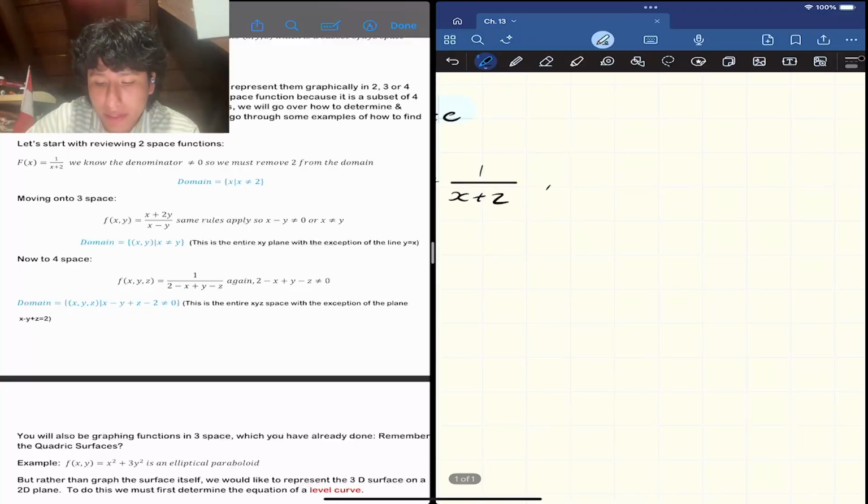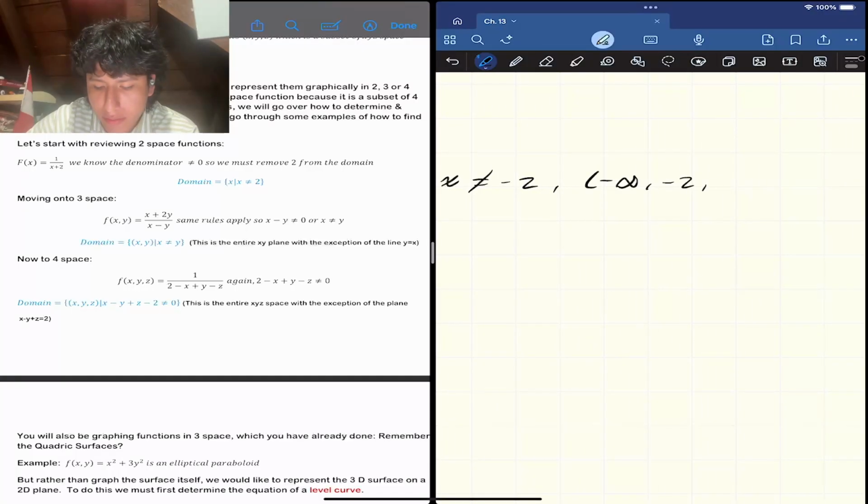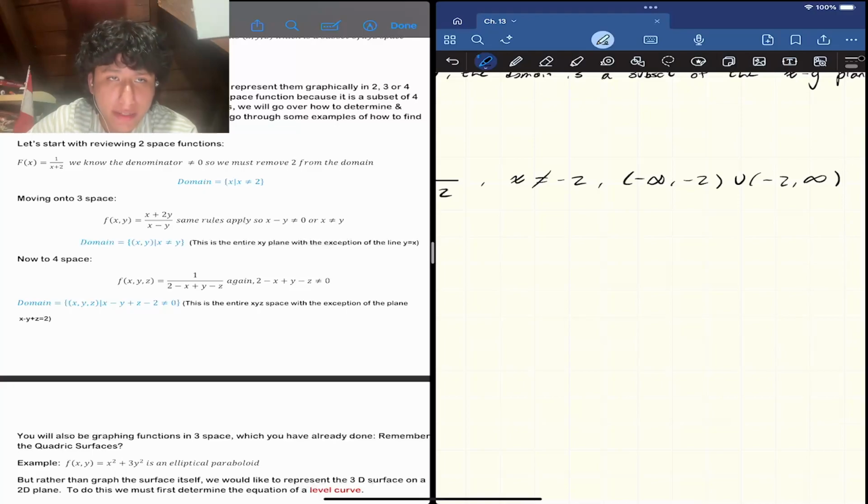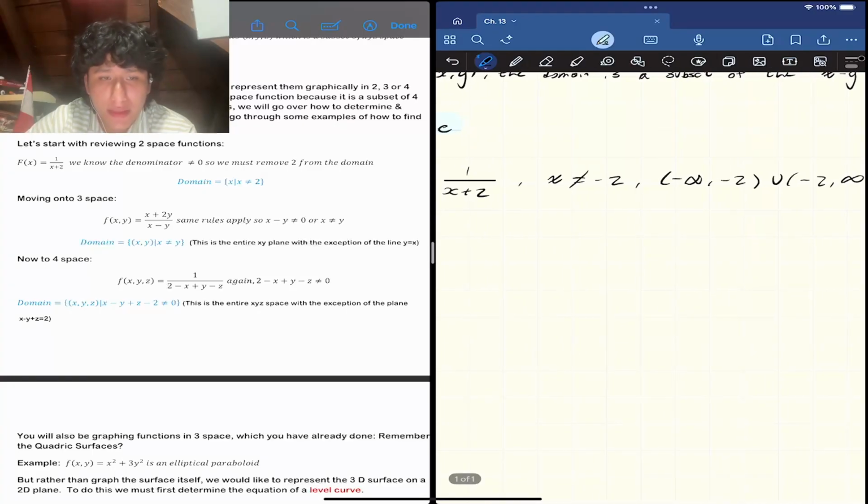So x can be really any value except for negative 2. If you want to write that in interval notation, it's pretty simple: negative infinity to negative 2, union negative 2 to infinity. Because we can't include that negative 2, and we can include any other point but that negative 2. Right? So domain's pretty easy for that one.